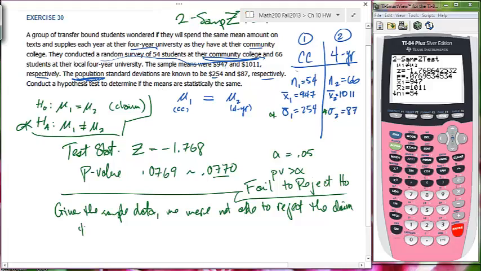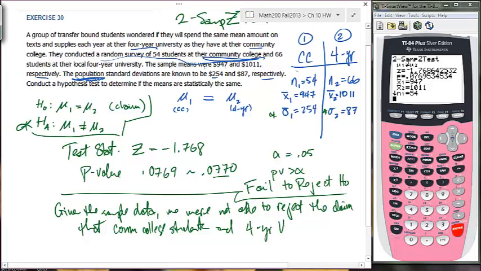And the claim, remember, was that community college students and four-year university students spend the same mean amount on texts and supplies.